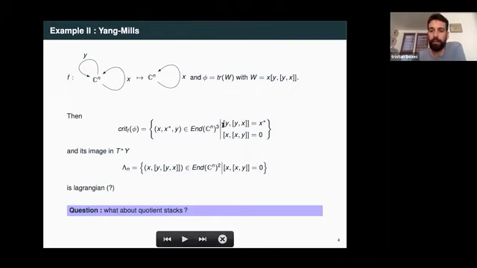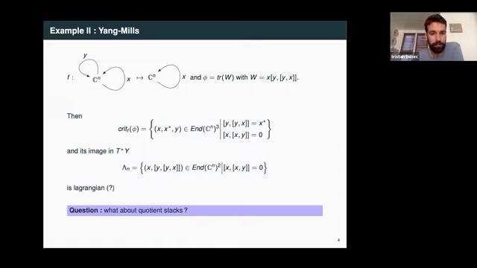Again, we have that the partial derivative of W with respect to X is going to be equal to some matrix in the cotangent direction, whereas the other partial derivative is going to be 0. So again, if you push this to the cotangent of Y, you get a Lagrangian subvariety described as a pair of matrices this way.